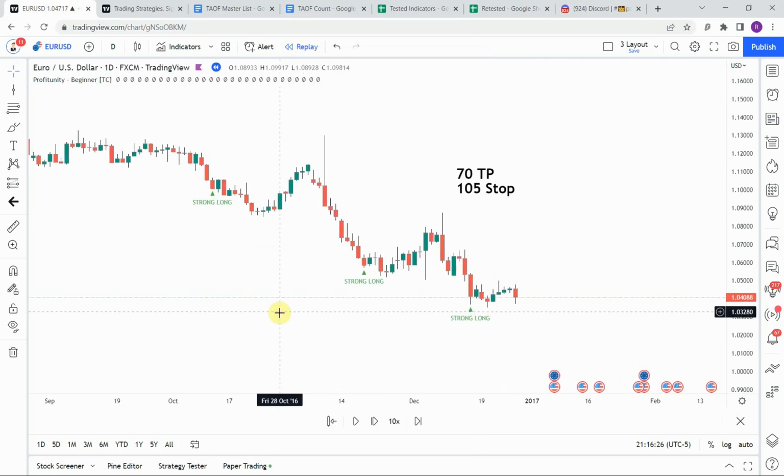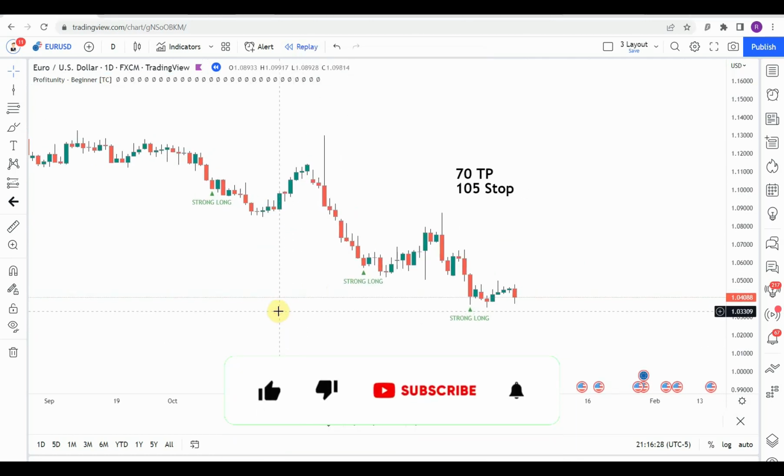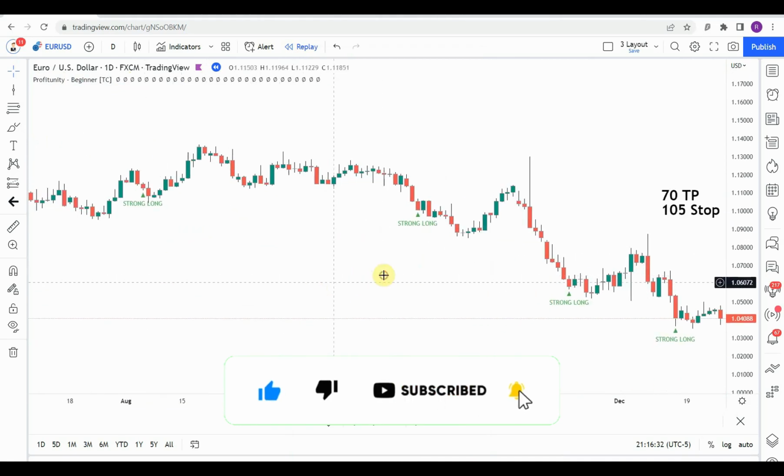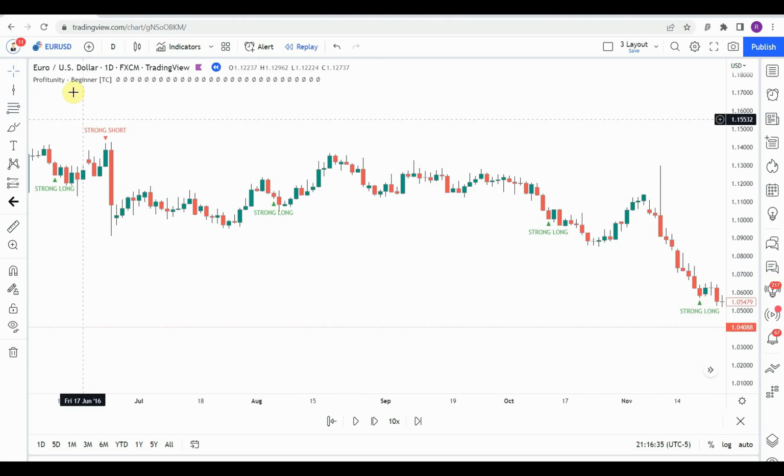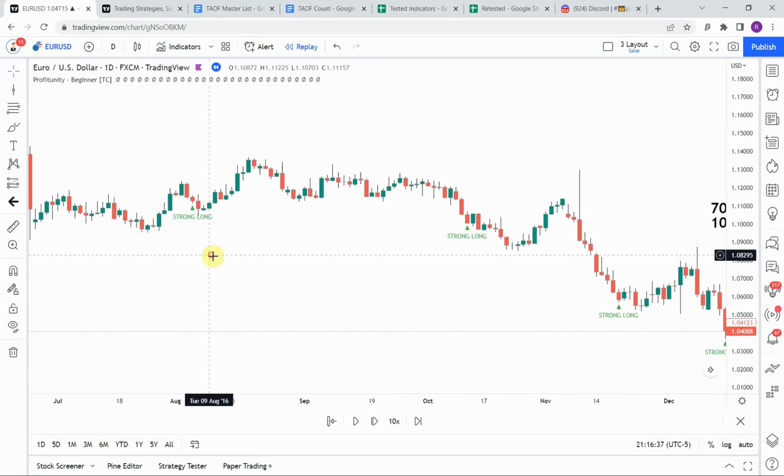Now, according to the indicator's page, these labels here are basically all we are looking for to take signals from. And again, you can go to the indicator's page and read up on it more.